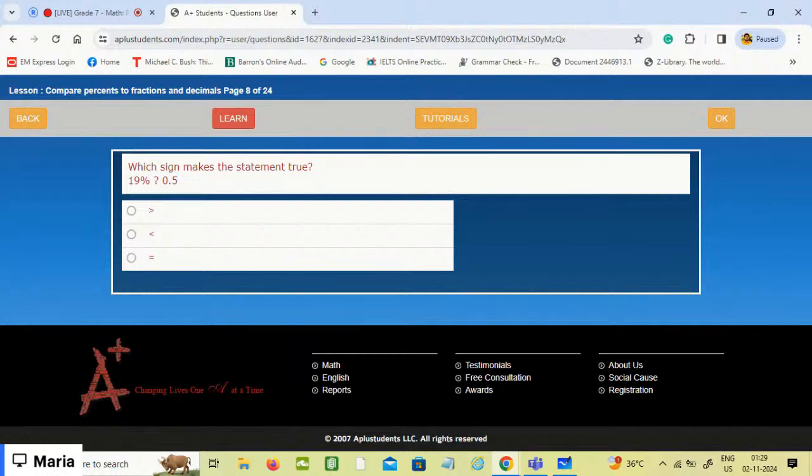Which sign makes the statement true? 19% and 0.5. Which is the correct option?